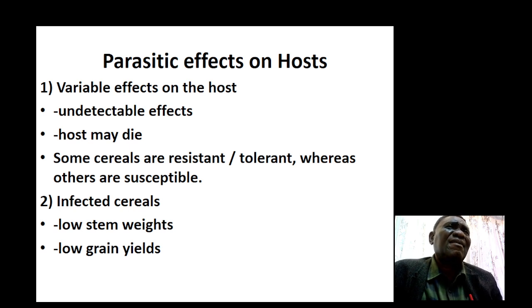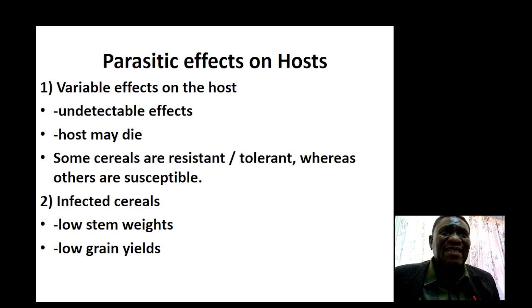If the plant is susceptible, or crop is susceptible, the host may actually die. So you have some cereals which are resistant or tolerant, whereas others are susceptible. That's why there is this variation in response.